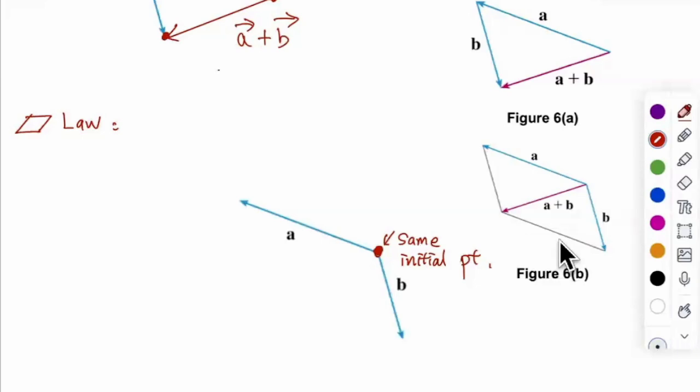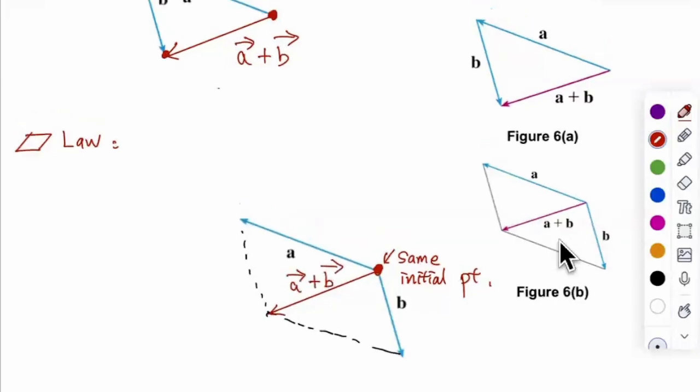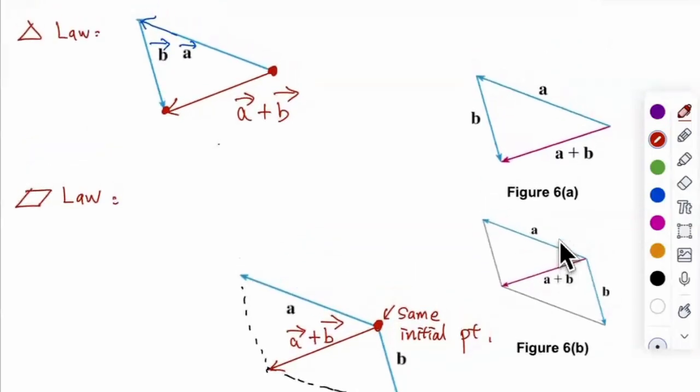Then what will be A plus B? Then you will construct this parallelogram, and this diagonal right here is A plus B. Now compare this with the triangle law. Do you see the two are the same? Are they equivalent? Yeah, equivalent. So you can do either way.